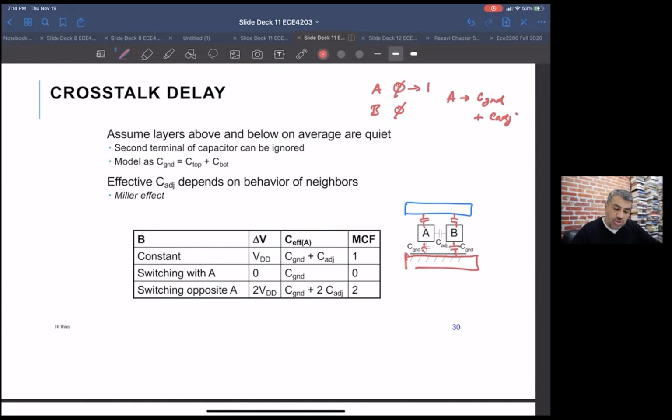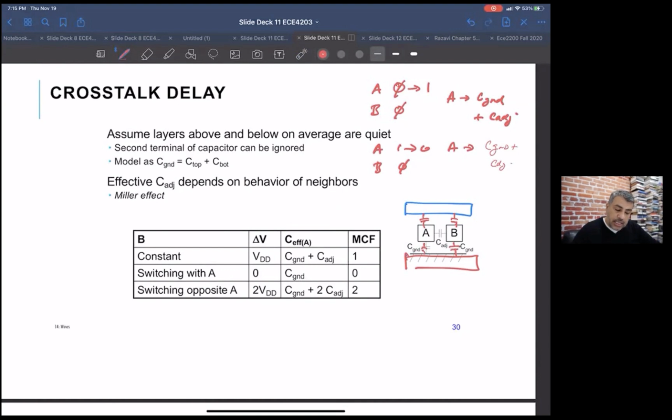So we're just looking at A transitioning, okay? Same thing if A is going from 1 to 0 and B is 0, same thing happens, A sees C ground plus C adjacent, or vice versa. As long as A is shifting but B is constant, you just see that one C adjacent.